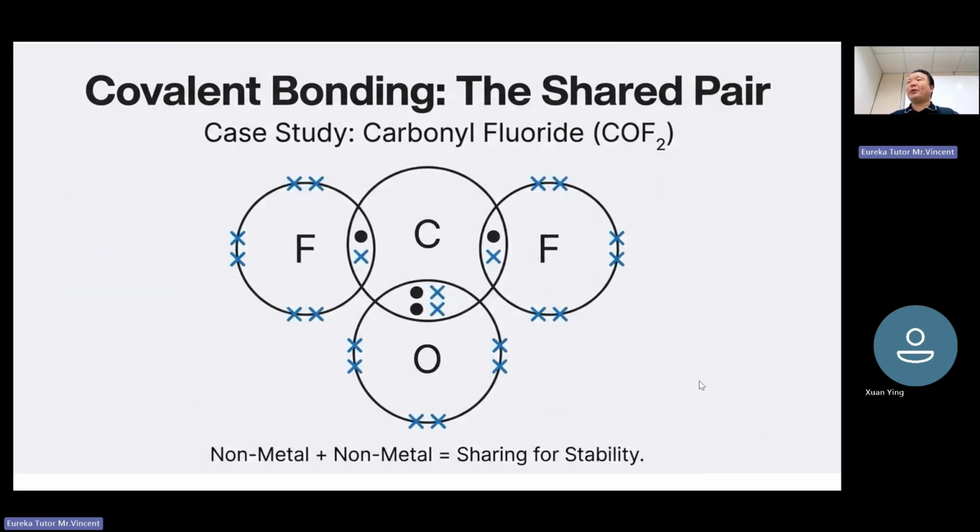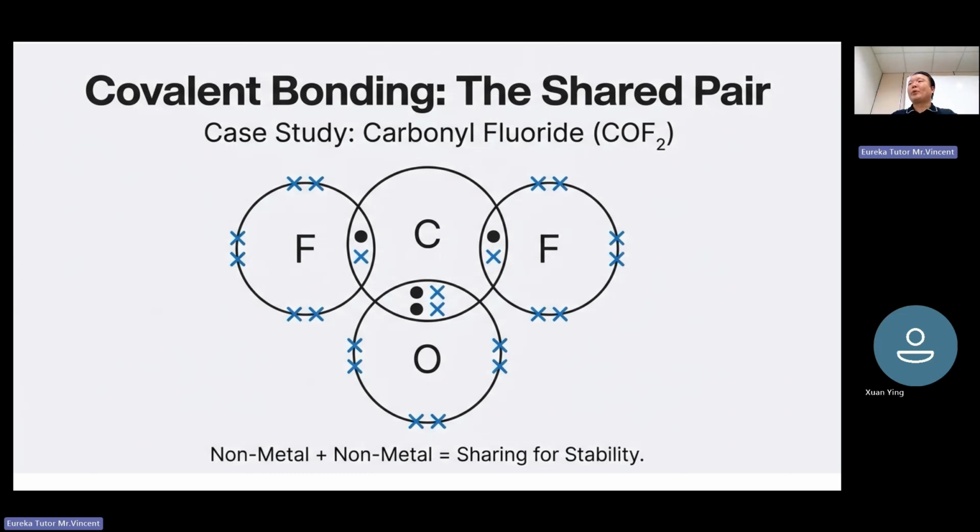Next, covalent bonding, another very important concept. Covalent means what? It is regarding two non-metals. I repeat again, two non-metals is referred to as covalent bonding. In covalent bonding, non-metals share the electrons. The diagram shows carbonyl fluoride, COF2: carbon, oxygen, fluorines.